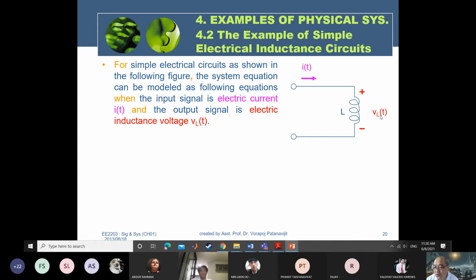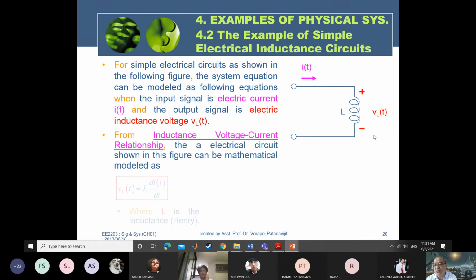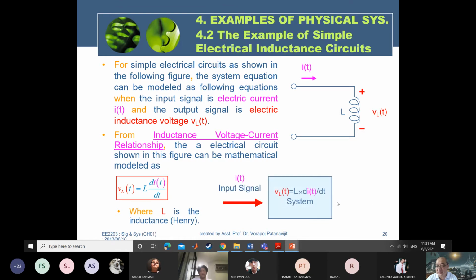You can explain the relationship between V and I from the inductor's voltage and current relationship. The circuit shown in this figure can be modeled by V equals L di/dt, the derivative. Therefore, the block diagram shows that the input is I and the output is V. You can find the relationship between V and I by this equation, V equals L di/dt.